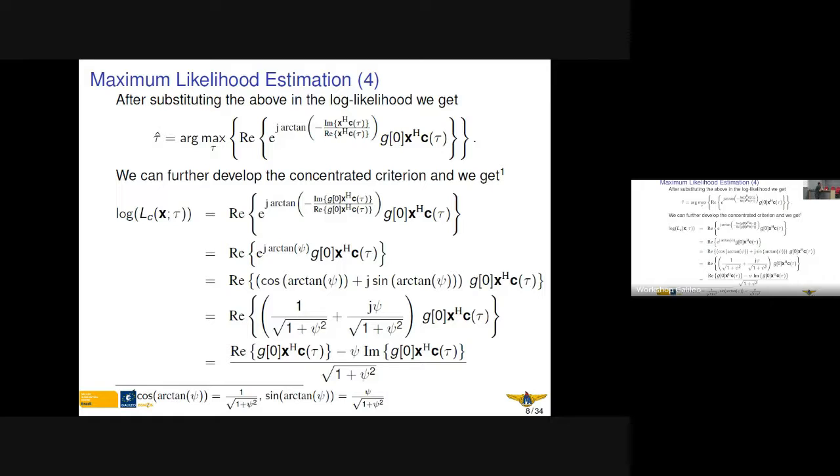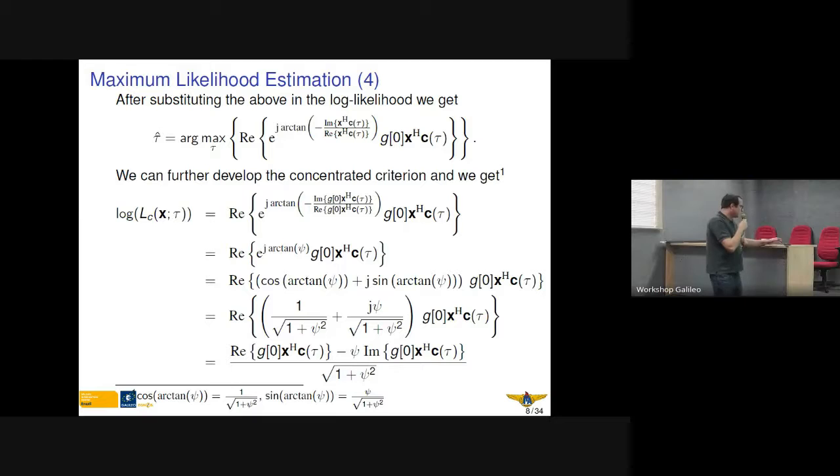Applying all this, we can reformulate the whole thing to real part of G0 x Hermitian C of tau minus psi times the imaginary part of G of 0 x Hermitian C of tau divided by the square root of 1 plus psi square. This looks much better now, so we can work with that.